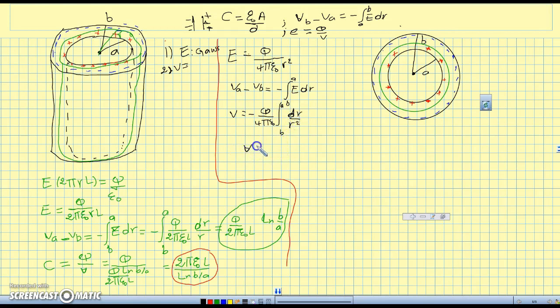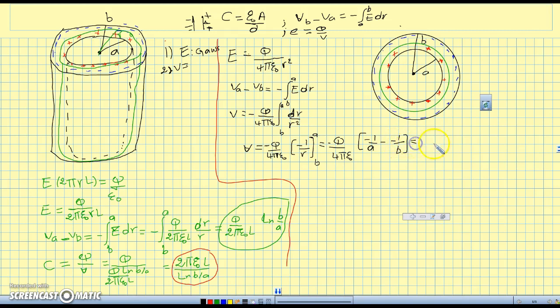So the V is just minus Q over 4 pi epsilon 0 times minus 1 over r, the integral of 1 over r squared, evaluated between B and A, the negative sign is still here. So this is minus Q over 4 pi epsilon 0, and this is minus 1 over A minus 1 over B.